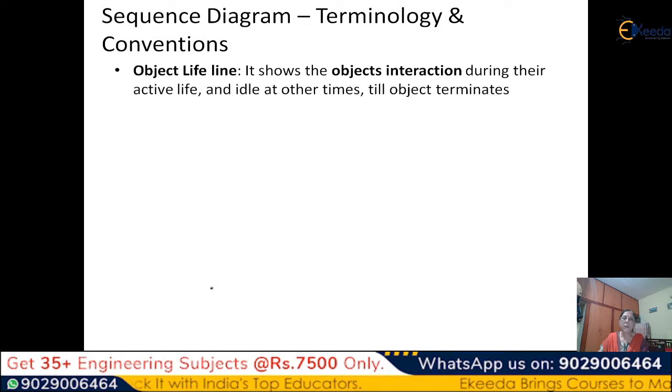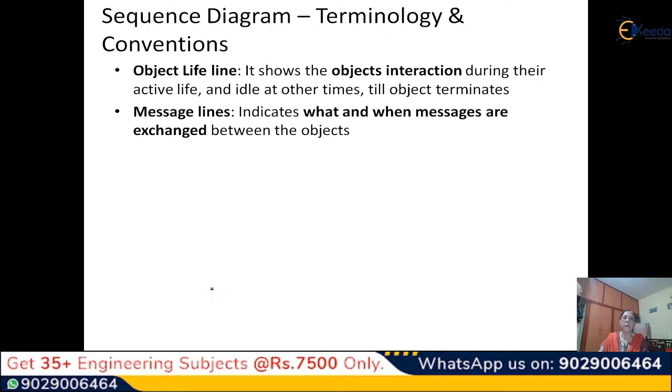So what are the terminologies and conventions, just like we had seen there, we will see here. The first one is the object lifespan. Every object will have a life, and that life we call the lifeline. It shows the object's interaction during their active life and idle.